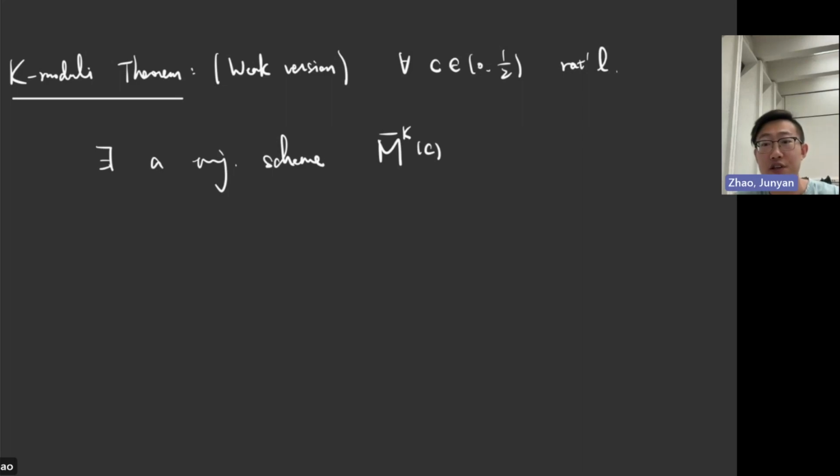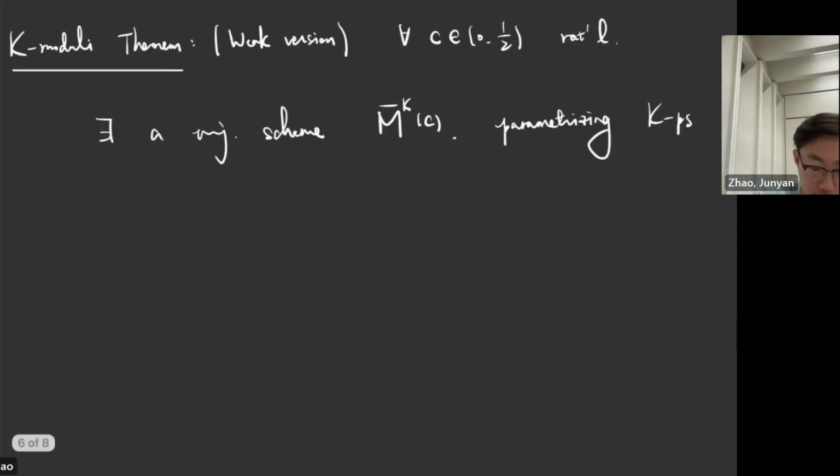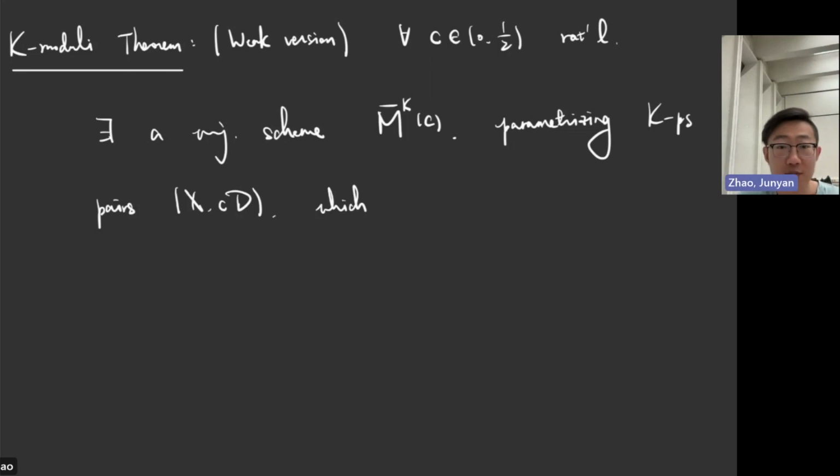Here I use bar just to remind us that this moduli is compact, which is very useful. And K means K-polystable, and this moduli space parameterizes K-polystable pairs (X, cD), where c is the coefficient we choose, and we require this pair to admit a Q-Gorenstein smoothing.